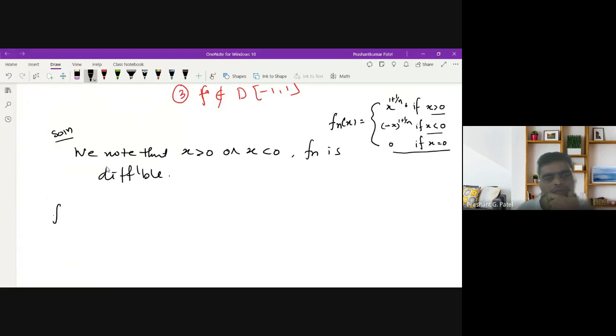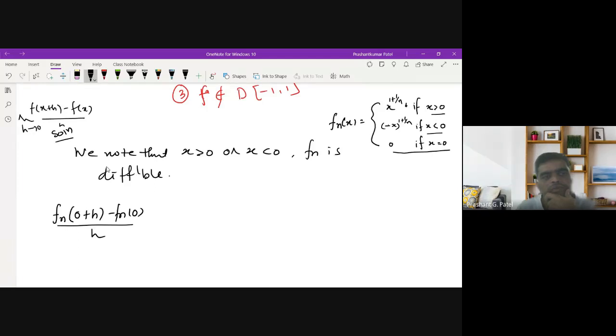For that I need to look at fn of 0 plus h minus fn at 0, upon h. That is the definition of a differentiable function: f of x plus h minus f of x upon h as h tends to 0.